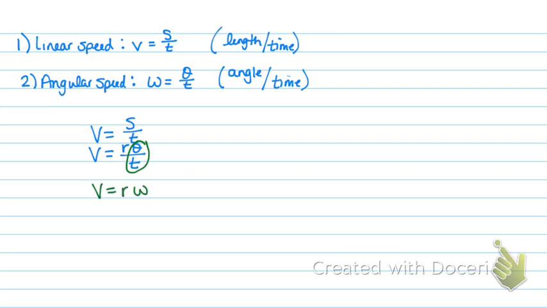So our linear velocity is equal to the radius times the angular velocity. And so watch for that, because you're going to end up using that one quite a bit in some of the word problems that are dealing with the velocities. Alright, so now that we got that, let's go on then to example 1.